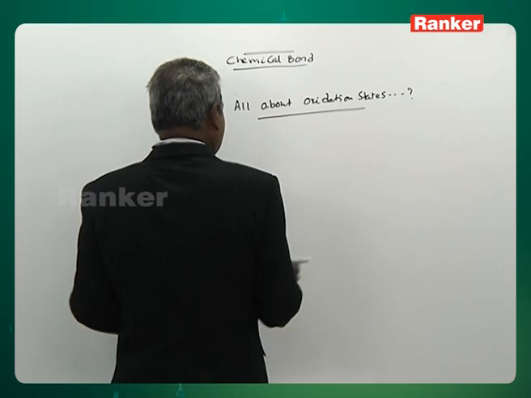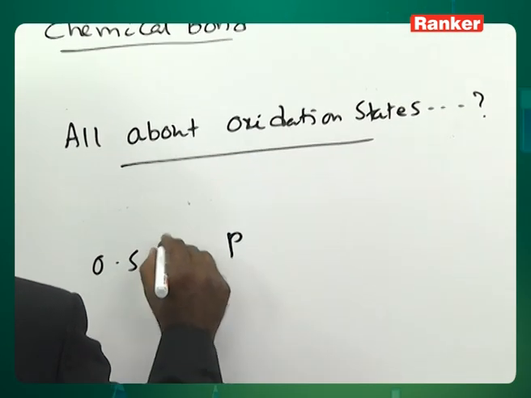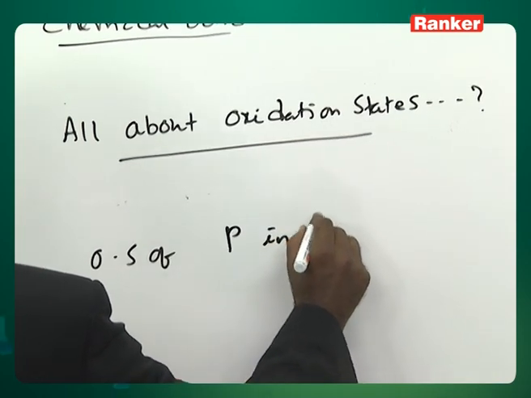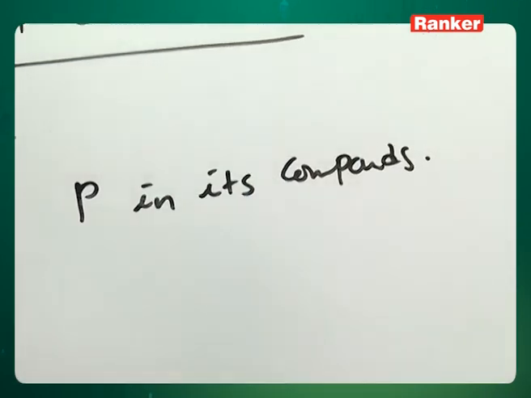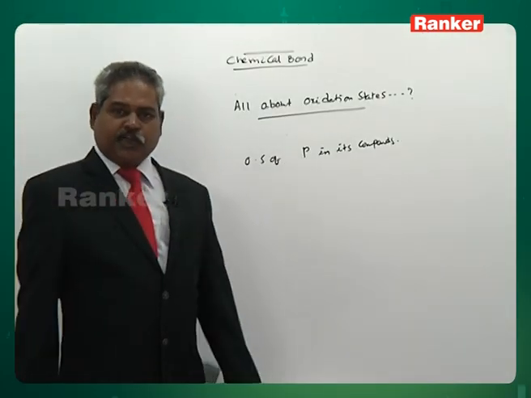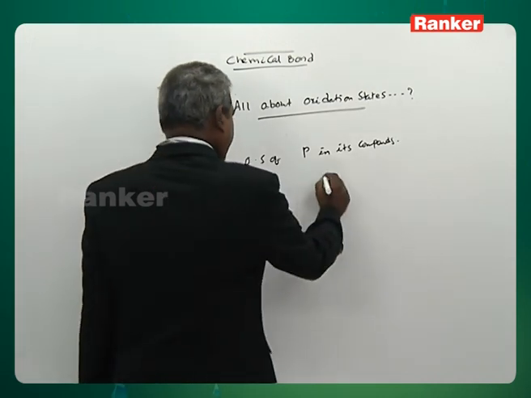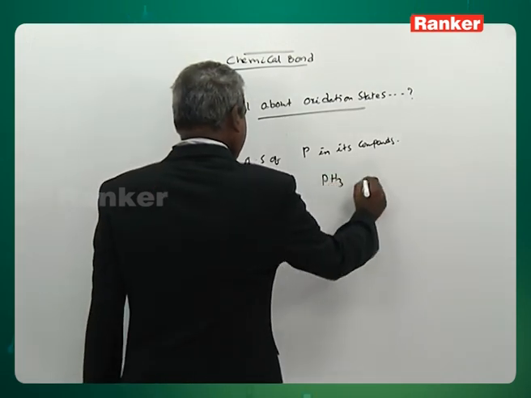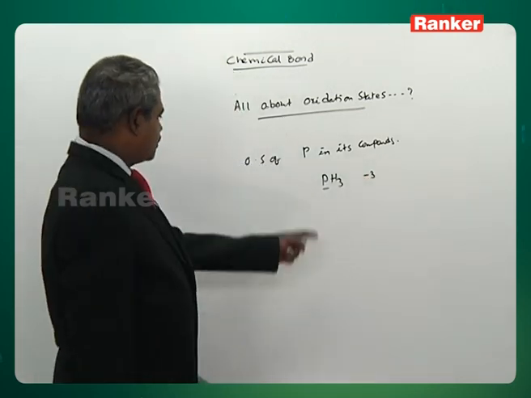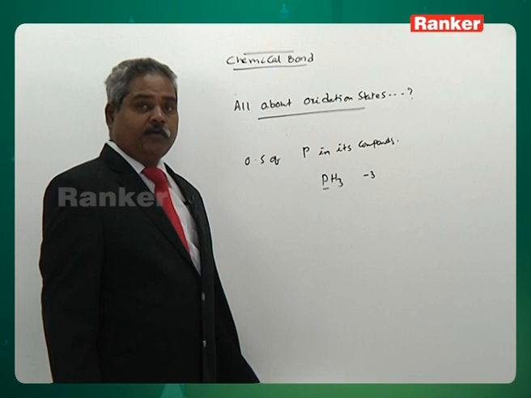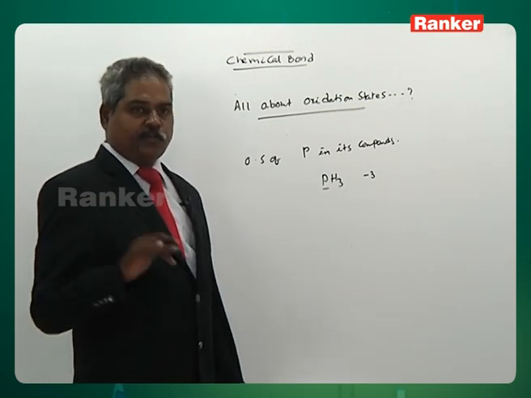So what is the oxidation state of phosphorus in its compounds? In its compounds, we can't say. Why? Because phosphorus forms several compounds. In PH3, it is minus 3, because phosphorus is forming 3 bonds with 3 hydrogens, which are less electronegative than phosphorus.